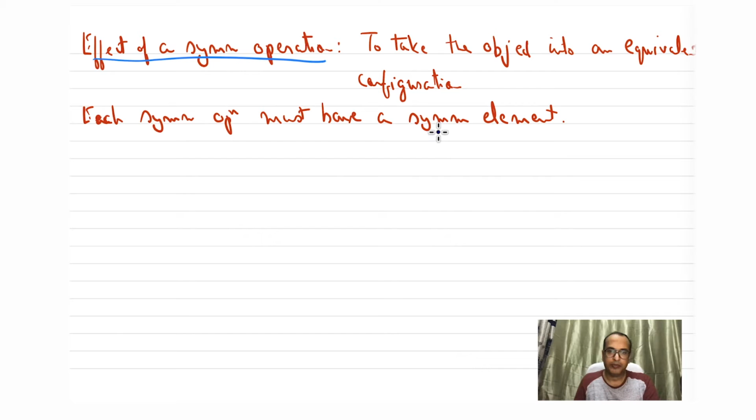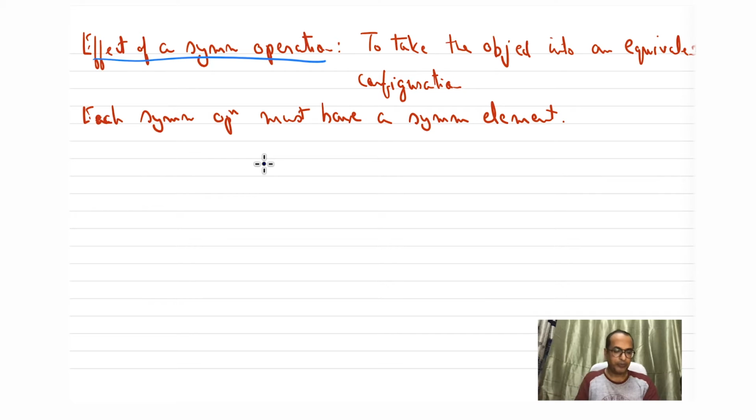A symmetry element is a geometrical entity like a point, line, or a plane about which a symmetry operation is carried out, and a symmetry operation is the actual movement of an object.